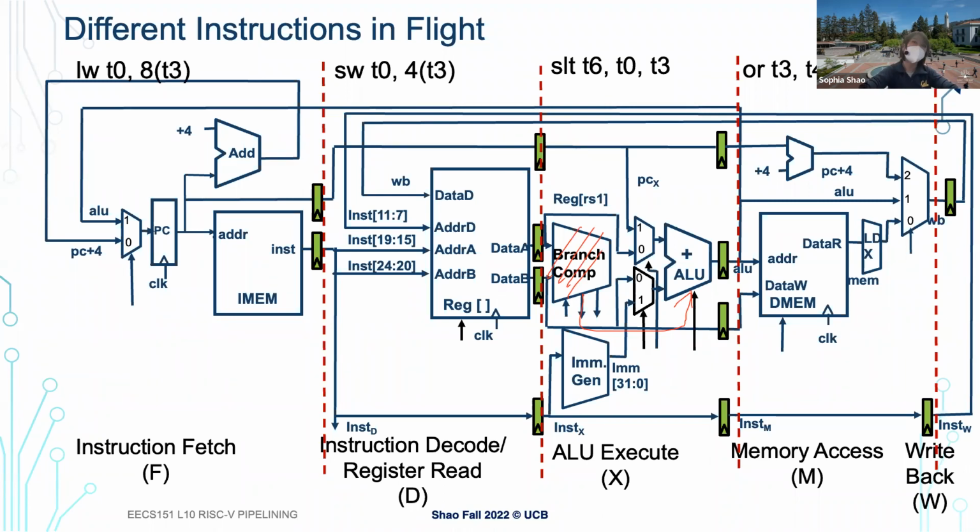I could also use my ALU for that. With that, there's another hazard, because to resolve the branch, I need to use my ALU to compare the two registers, and also use the ALU to calculate the target address, right? So that could cause another source of structural hazard.